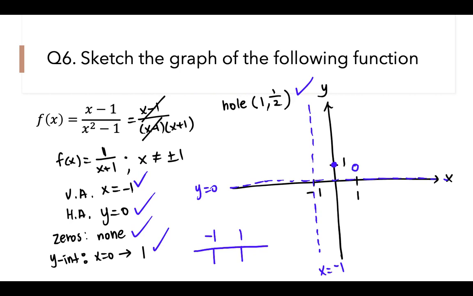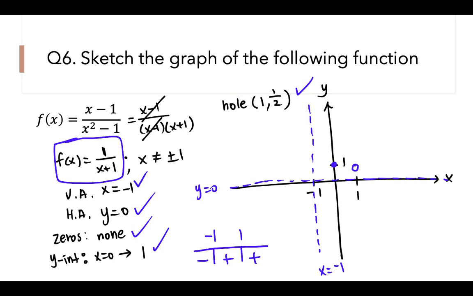So -2 into x plus 1 is negative, so the sign is going to be negative. Okay. Now let's plug in a number between -1 and 1, so 0, into my simplified equation. 1 divided by 1, it's going to be positive. And let's plug in a number that's greater than 1. Let's say 2. So 2 into my simplified equation, it's going to be positive.